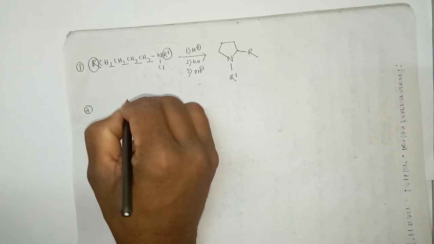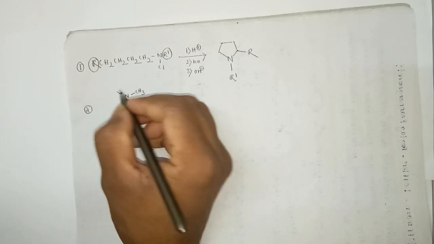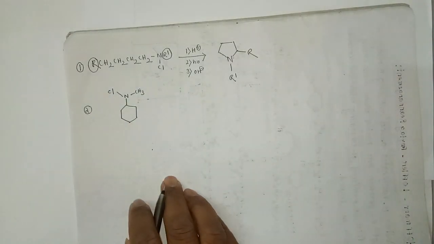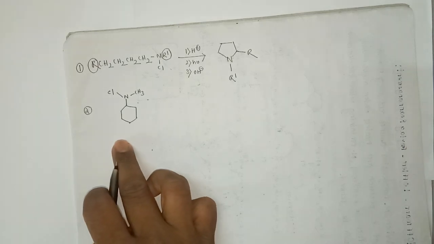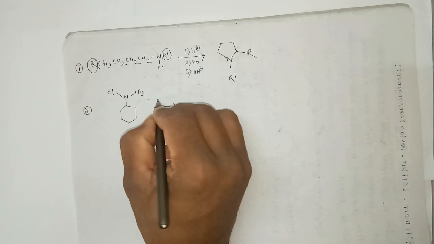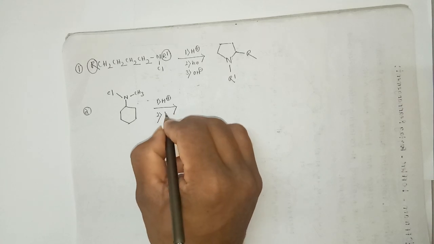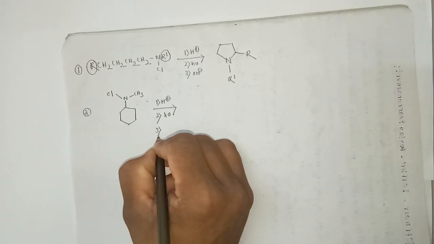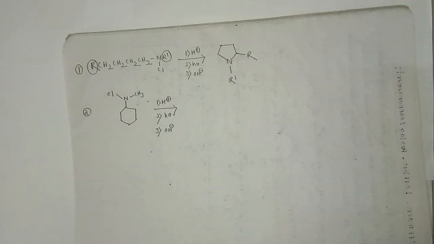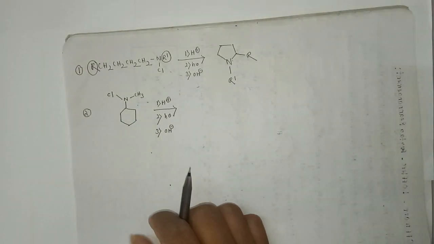This is also an example of Hofmann-Löffler-Freytag rearrangement. The first condition is H plus ion, second is light, and third condition is OH minus. Okay friends, so these are the conditions and this is the substrate. So what is the product? Find out the product.